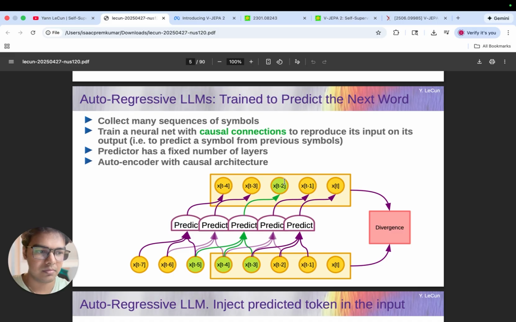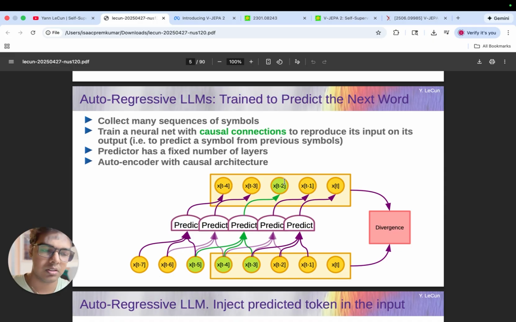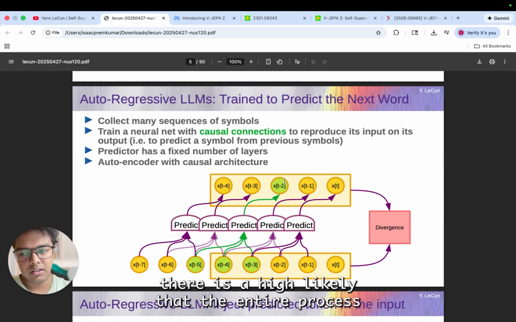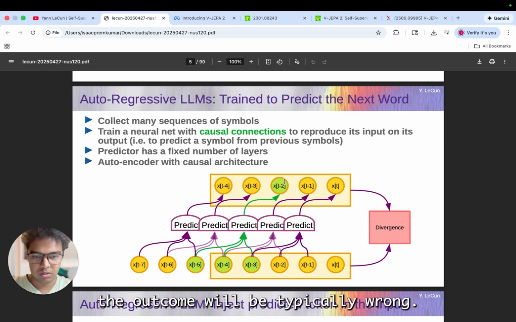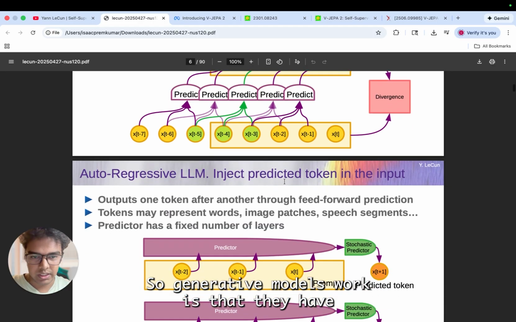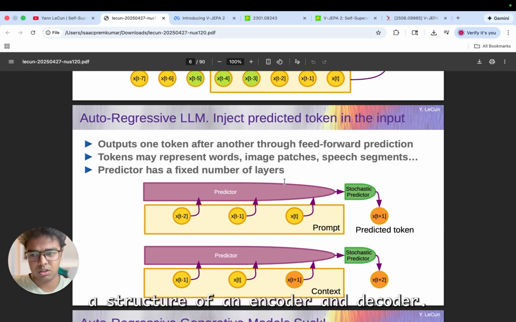And if there is a change in a set of sequences or symbols or tokens in the middle of the process, it is highly likely that the entire process will go down and the outcome will typically be wrong. Generative models work by having a structure of an encoder and a decoder.